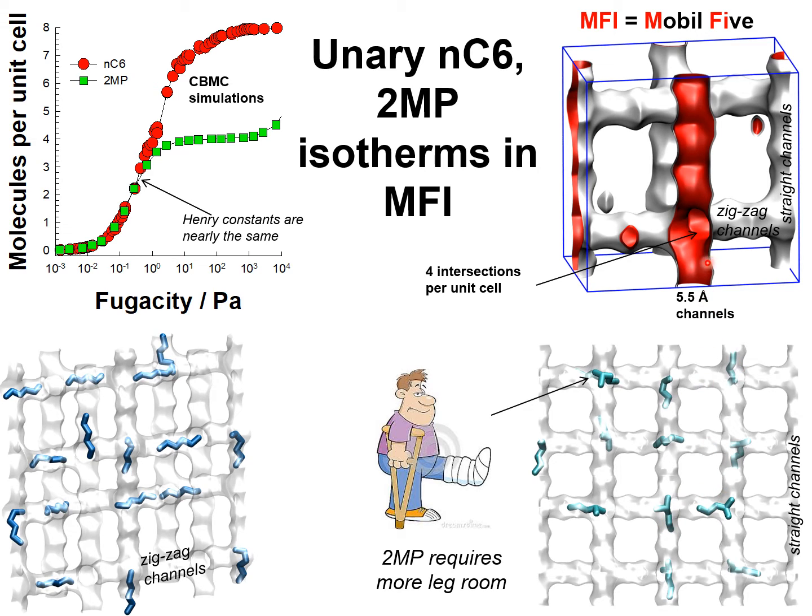And there are only 4 intersection sites per unit cell, and therefore the saturation capacity at say a pressure of 10^4 pascals is about 4 molecules per unit cell. Only if you go to a very high pressure, say 1 megapascal, can you manage to locate 2-methylpentane within the channels.